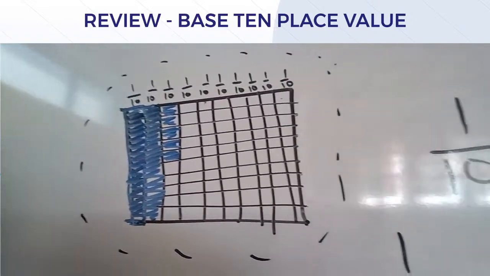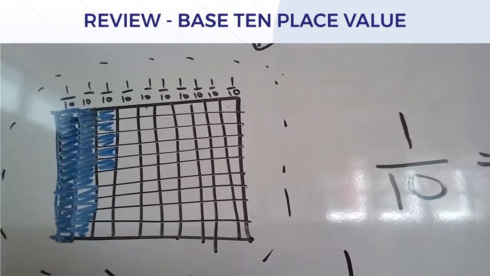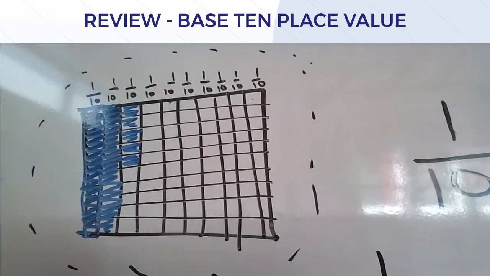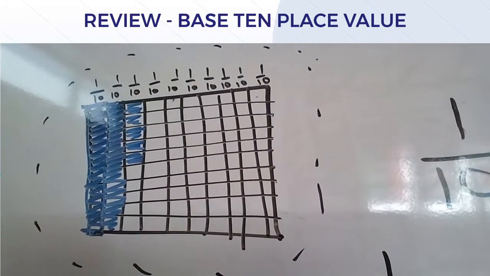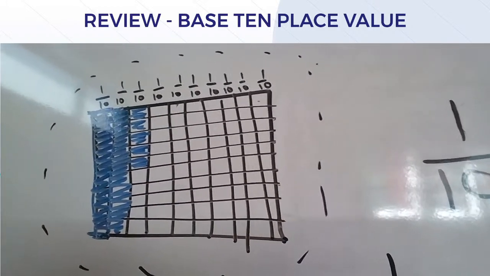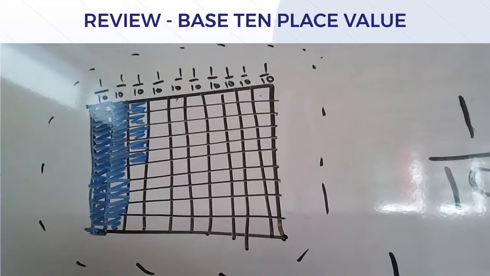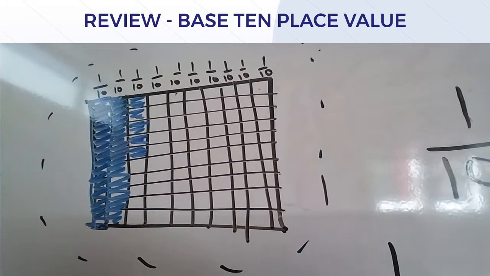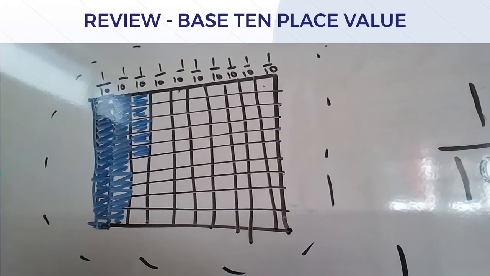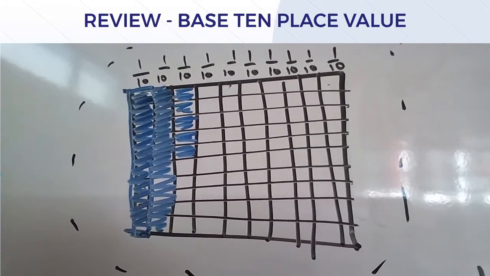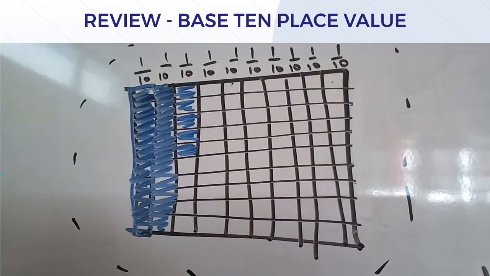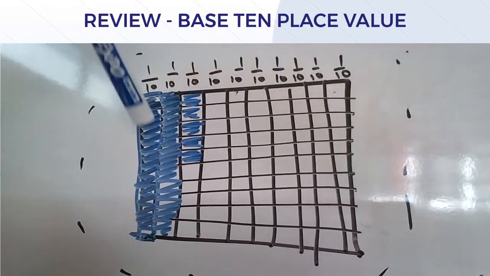Okay. Did we change the size of our square at all? No, we haven't added any value. Did we change the size of the pieces? No, we're still in hundredths. But how many hundredths did we color in? How many hundredths are in this row?